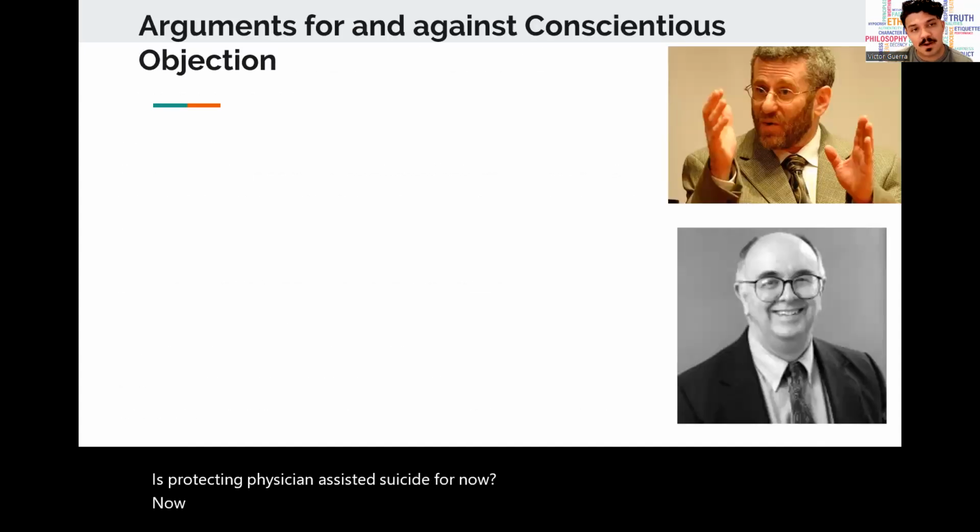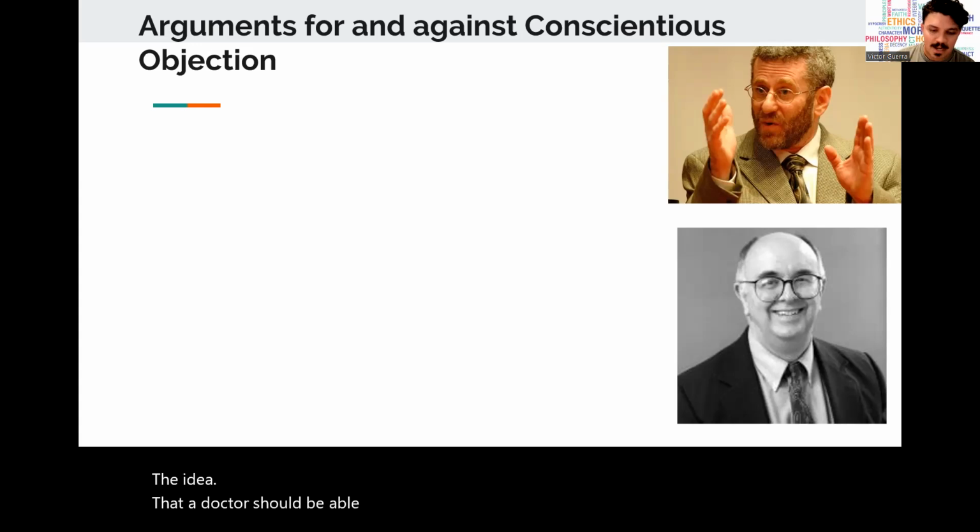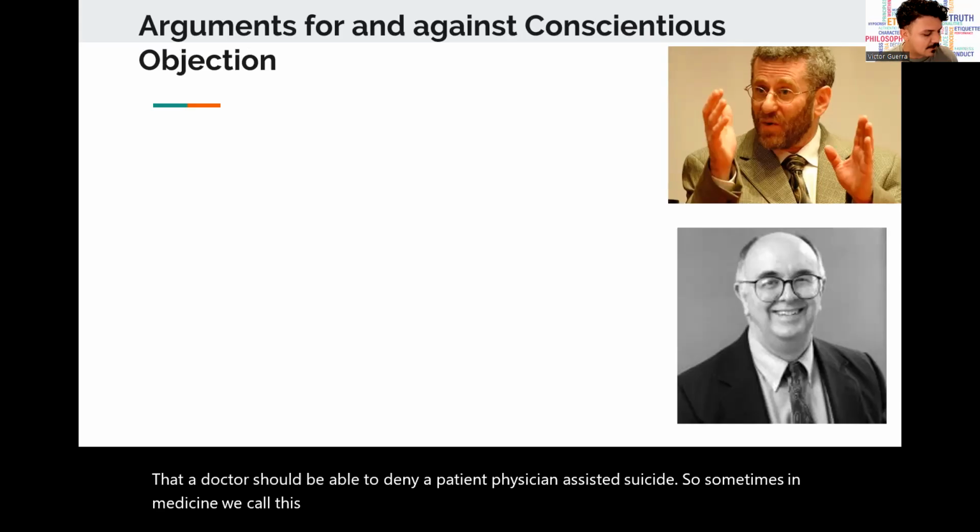Now, there are many arguments for and against the idea that a doctor should be able to deny a patient physician-assisted suicide. Sometimes in medicine, we call this idea conscientious objection, which is basically saying, no, I'm not going to do that.